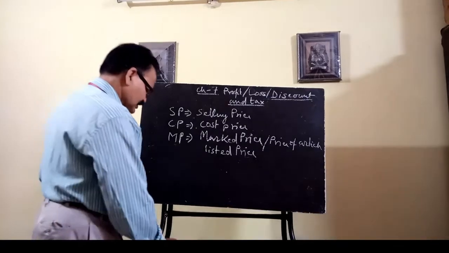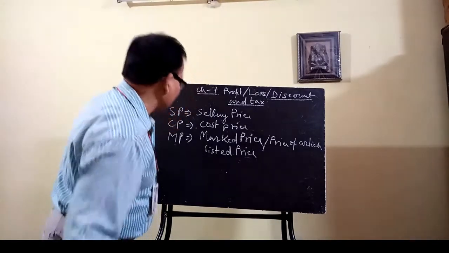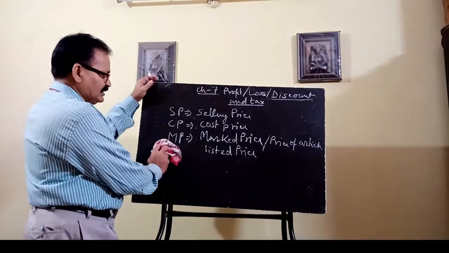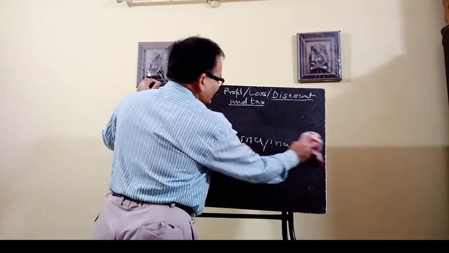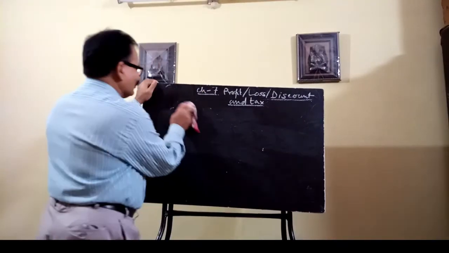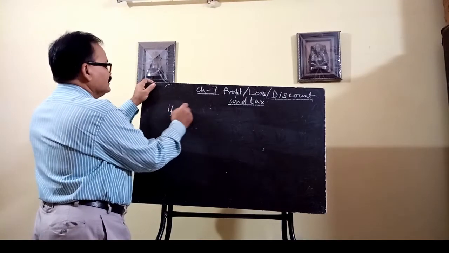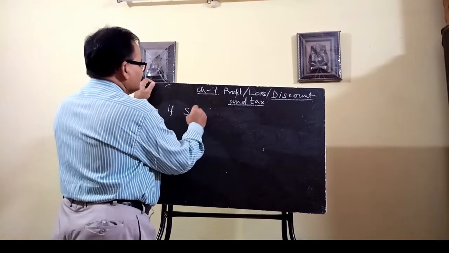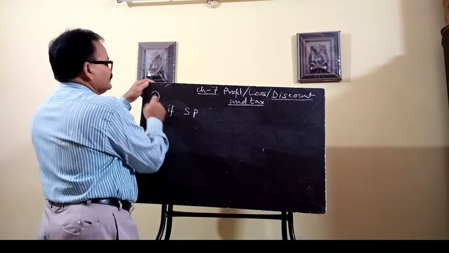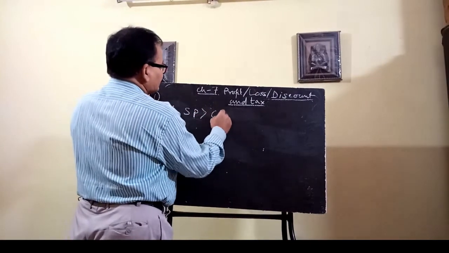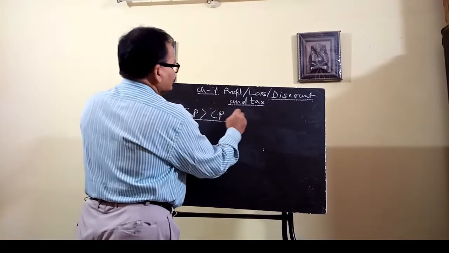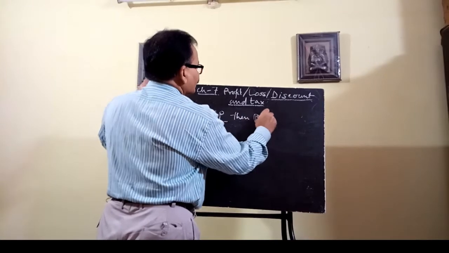Now there are certain situations that you have to see. When do you say that profit has occurred? If SP is greater than CP, then profit will occur.